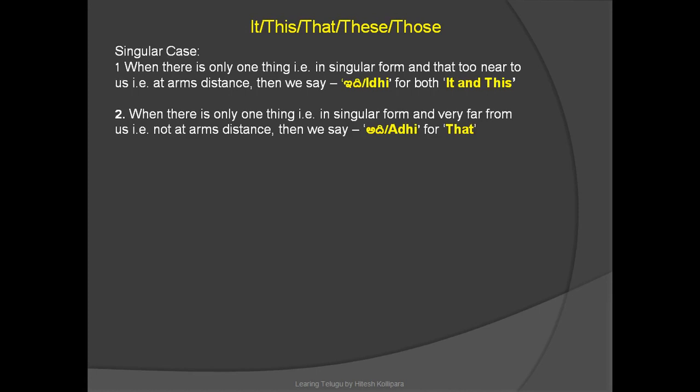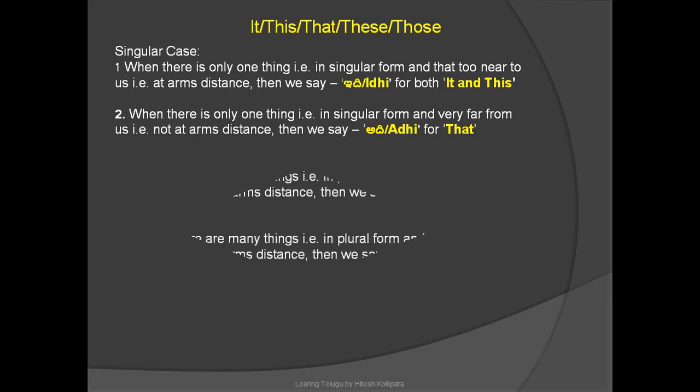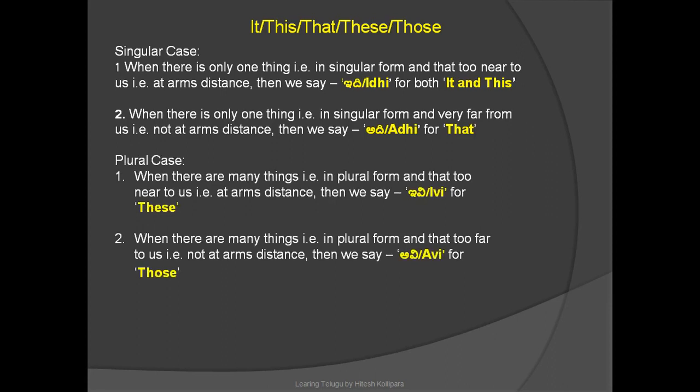Let us now see the plural case. When there are many things that are in plural form and that too near to us, then we say ivi for these. And if the things are far from us, then we say avi.